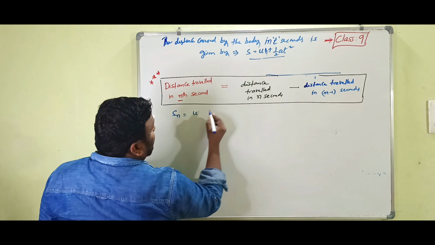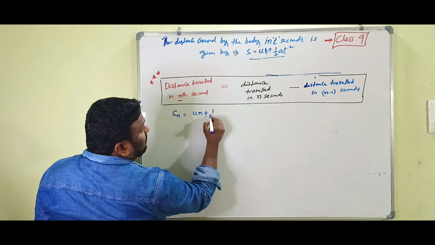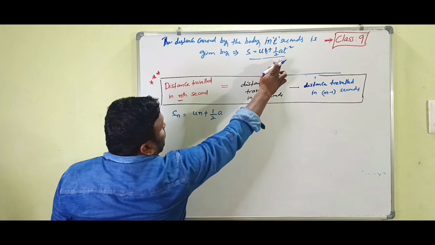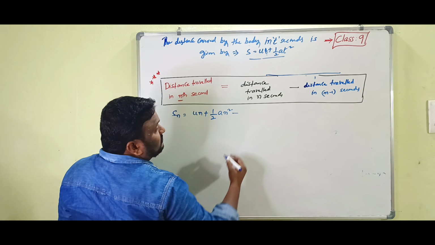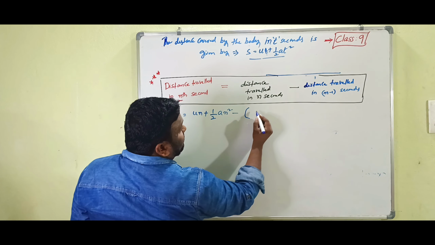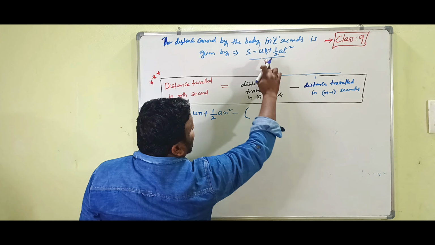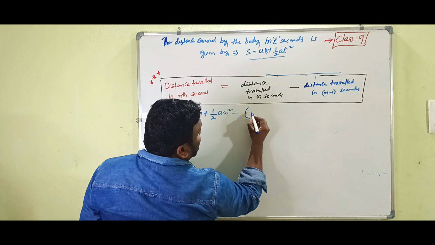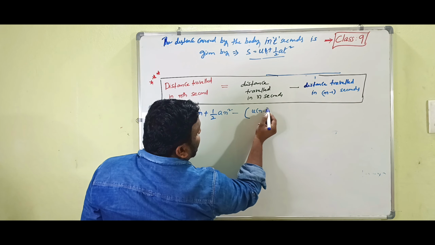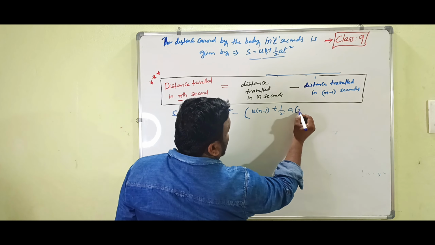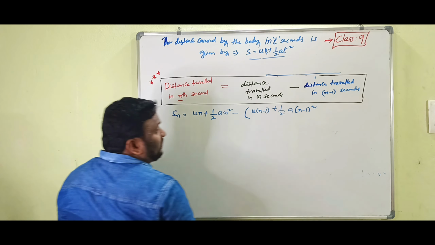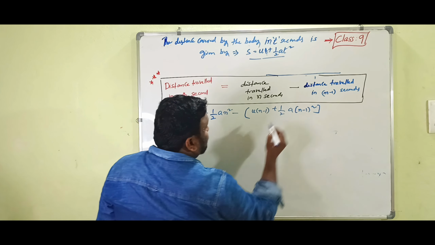Instead of t, you have to write n: un plus half a into n square, minus, again, what you have to write in n-1 seconds, where for the value of t we write n-1. So u into n-1 plus half into a into n-1 whole square, children.